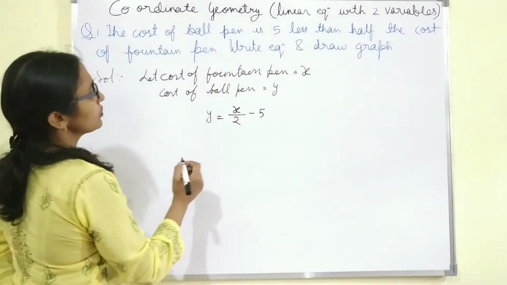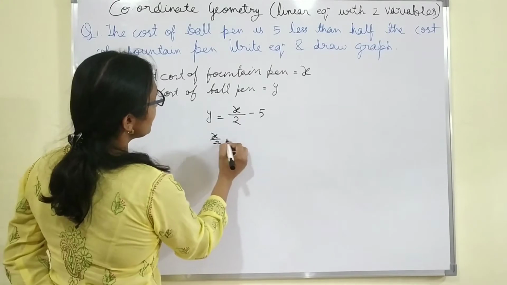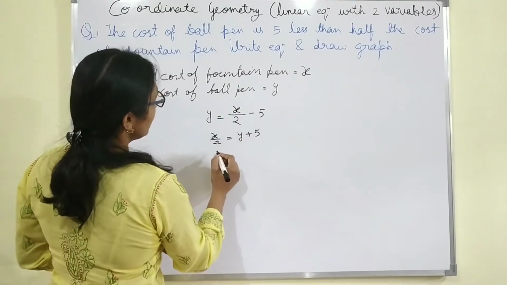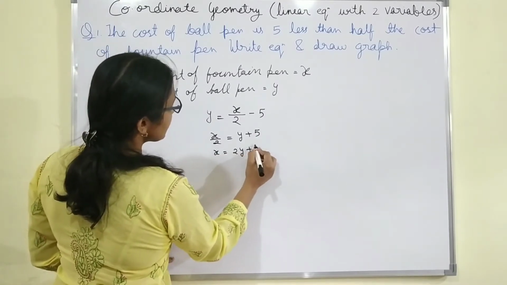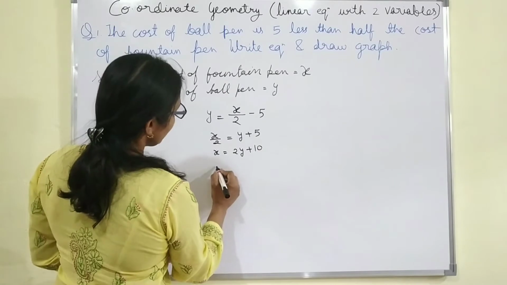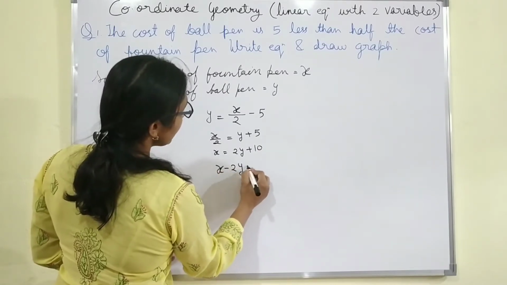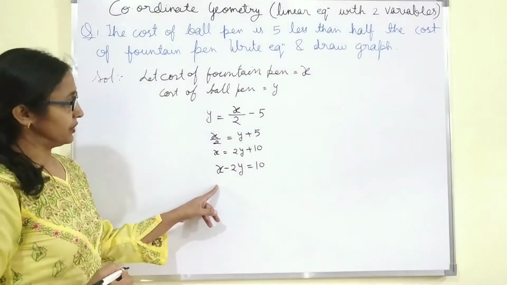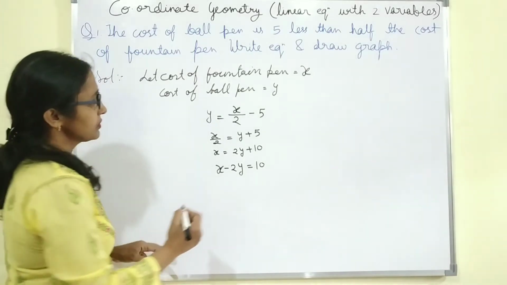So the equation will be X upon 2 equals Y plus 5, which means X equals 2Y plus 10. So we got the equation X minus 2Y equals 10. It's our equation. Now we will substitute the values.